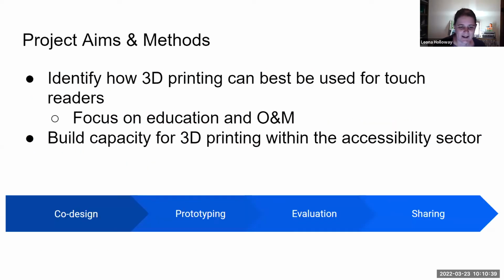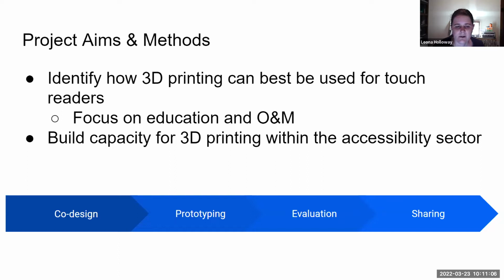So in terms of aims, the overarching aim of the project is to identify how 3D printers can best be used for people who are blind or have low vision and are touch readers. And this includes examining when 3D printing is better suited than other formats, how to design models specifically for touch reading, and how to teach the use of 3D prints and also labelling techniques.